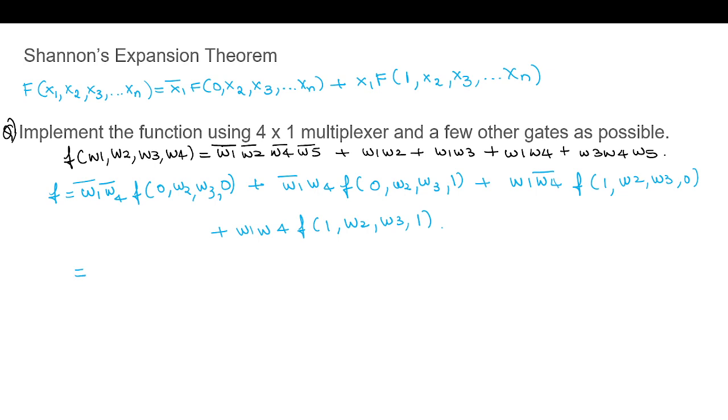Now, in the expansion, these values you have to substitute into the function, with W1 and W4 as the select variables. If you substitute that, you will have W2 complement W5 plus more terms. If the number of terms is large, as you can see in the expression we have 5 terms.